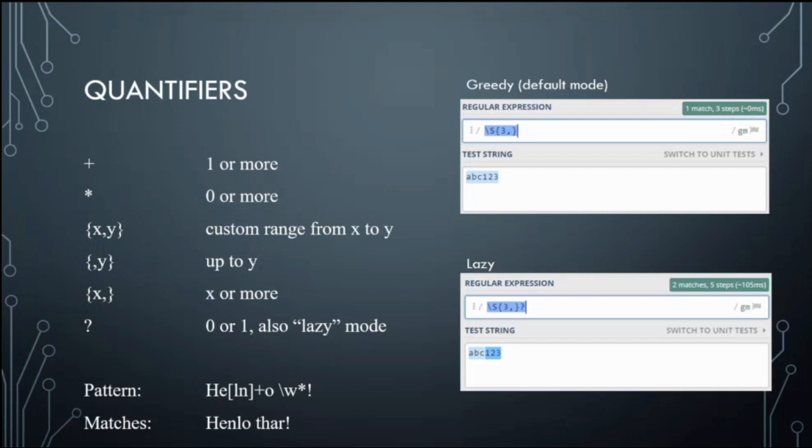So a little bit back on the character classes down there at the bottom left, I've got a pattern, and you can see what it matches, and we could talk to that a little bit. The HE is literal HE, and then I've got a character class for L or N, and one or more of those characters. So it's going to match both the N and the L, and then it'll match the O literally.